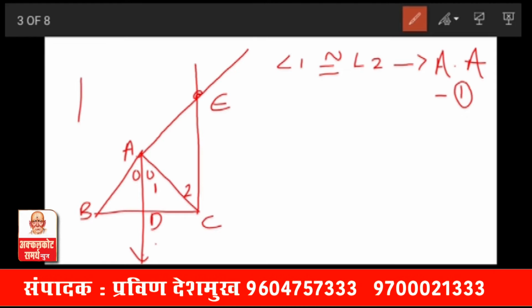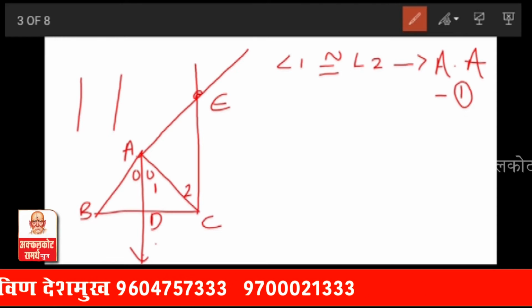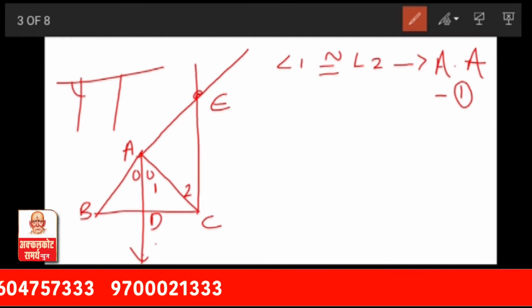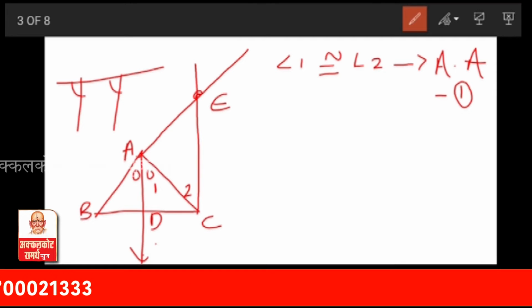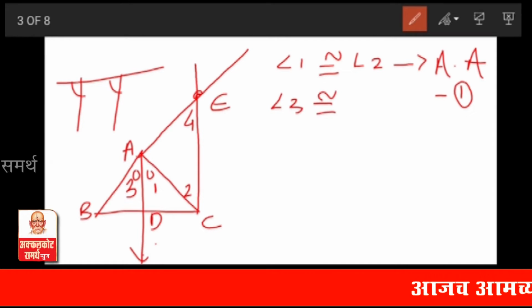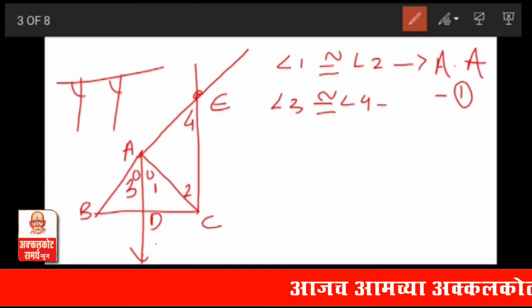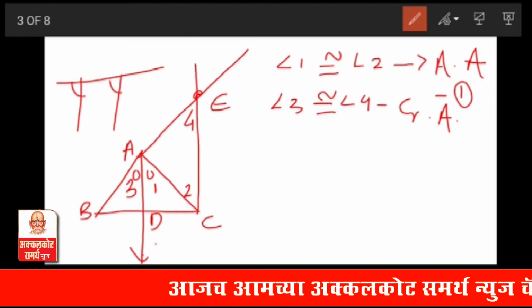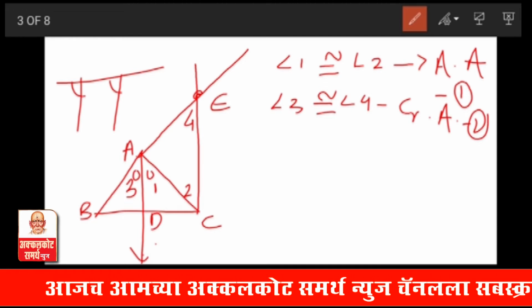Like this, suppose these two lines are there and this is a transversal. So these two angles are corresponding angles, and we know that corresponding angles are always congruent. Then suppose I take this angle as 3 and this as 4, then we get angle 3 congruent to angle 4. Why? These are corresponding angles, and keep this as equation number 2.